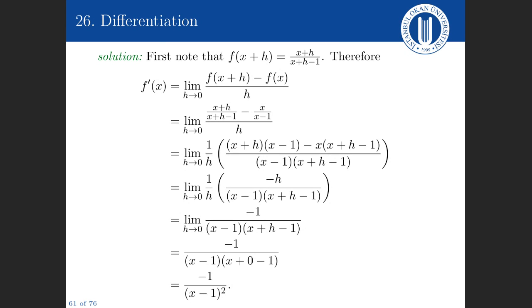Using the same trick that we used last time, we can simplify this down to the limit of minus 1 divided by x minus 1 times x plus h minus 1. Then it's okay to replace the h by 0, and we get the answer minus 1 divided by x minus 1 squared.